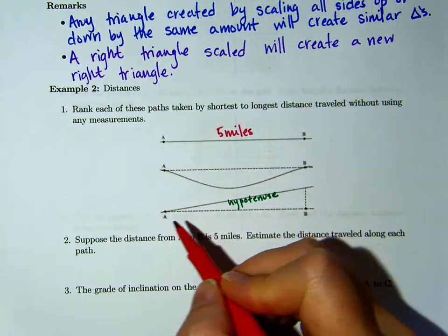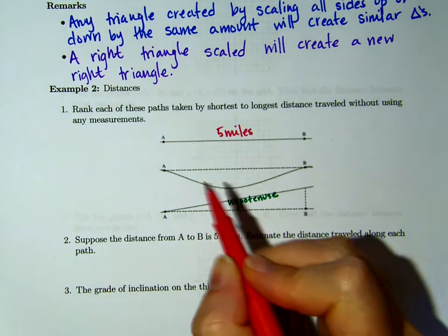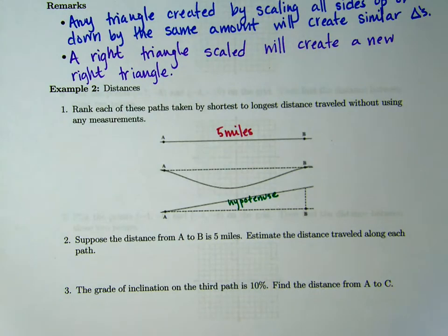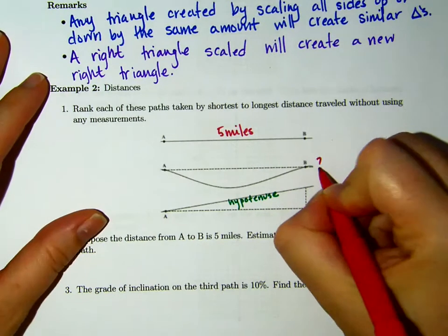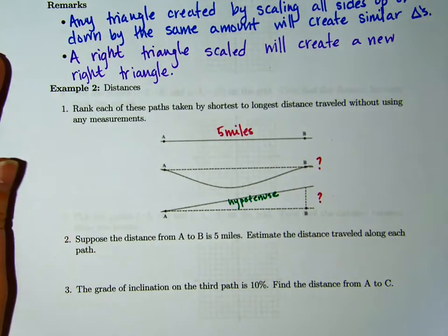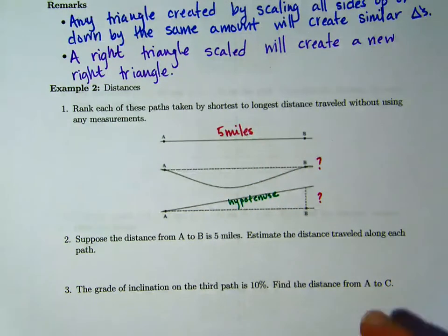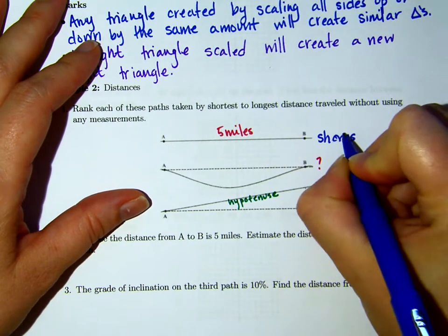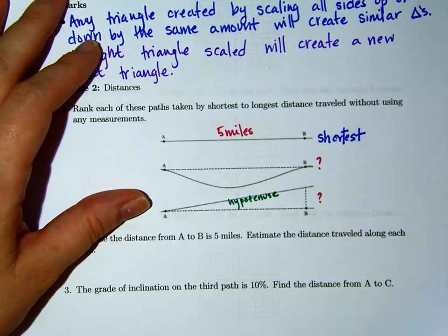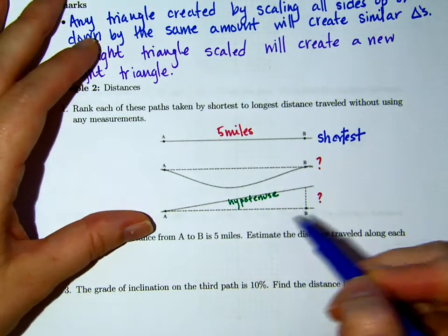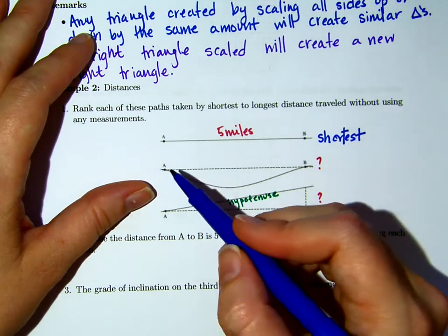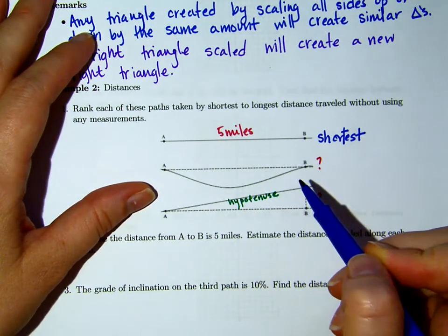So the question is, which is more, the second one or the third one? When ranking these, I definitely see that this top one is the shortest. And then I look at these other two. It's an educated guess, but my guess is that the second one is the longest.